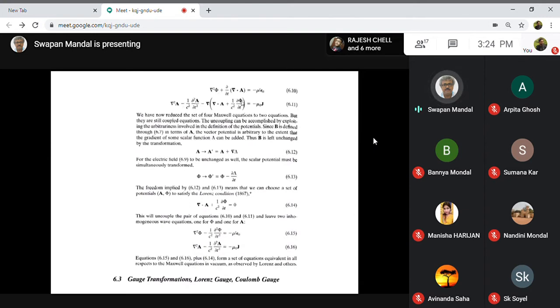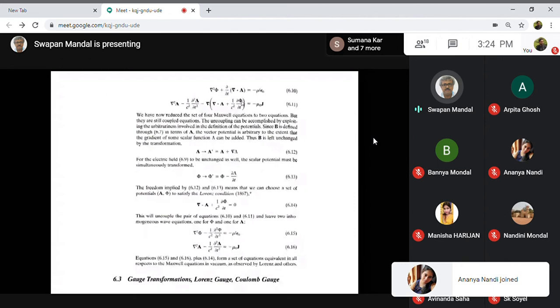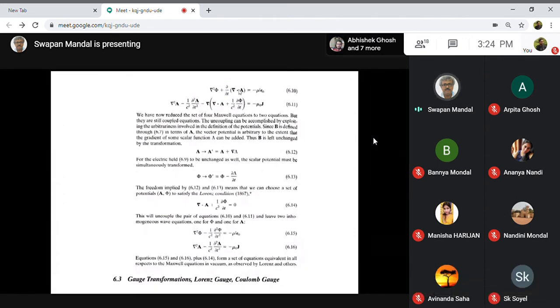So unless I decouple the differential equations, I am unable to solve them. My problem is that I have to find out the vector potential as well as the scalar potential. Unfortunately, I cannot solve these two differential equations as they stand. Okay, so I have to have some trick.